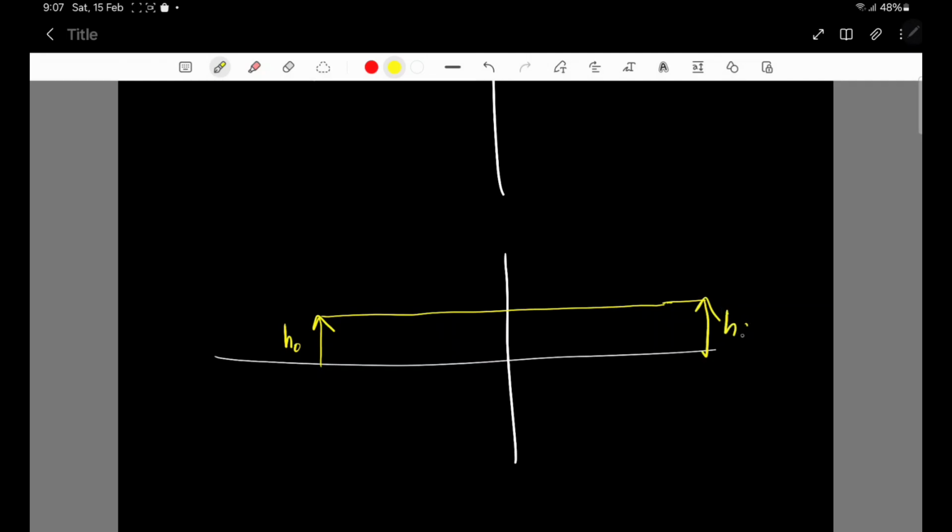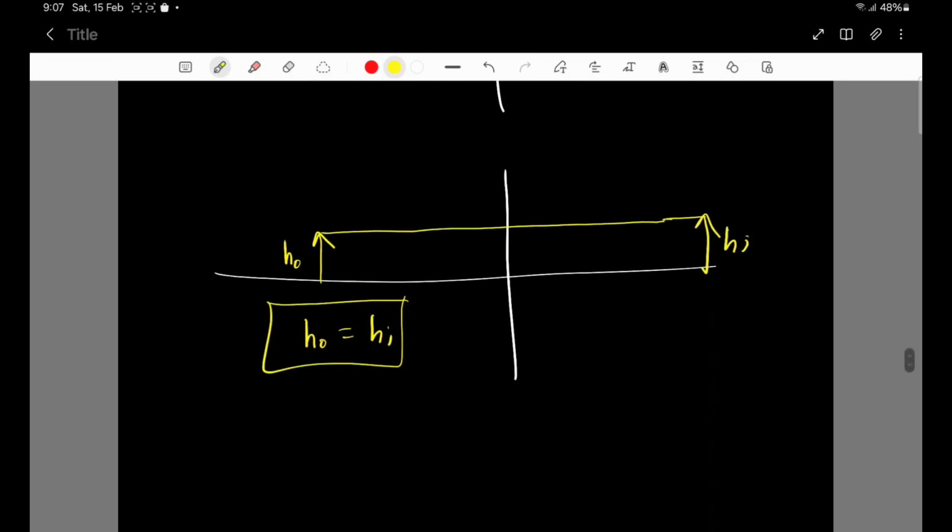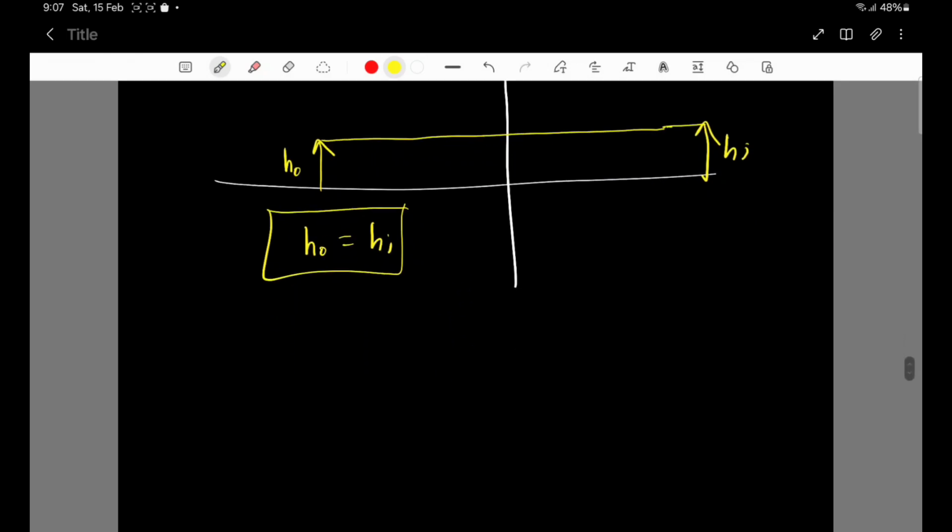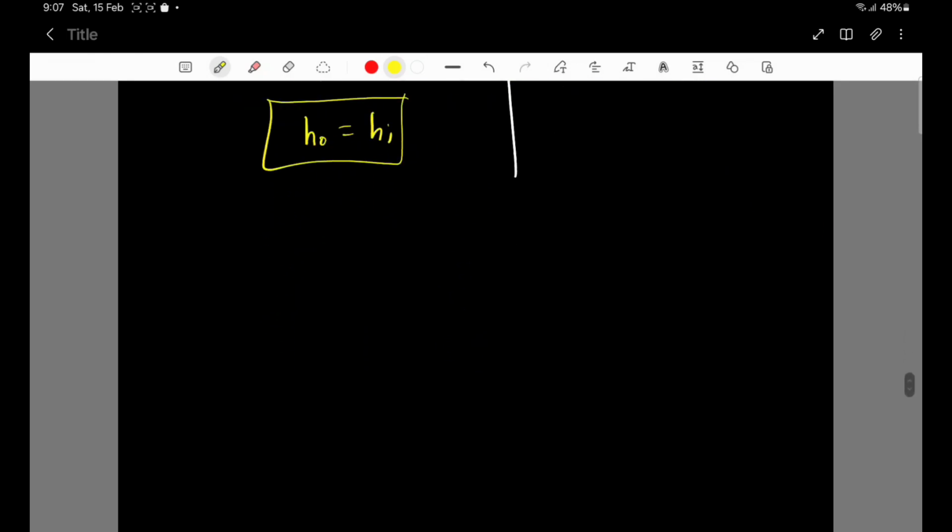So it is clear, h_o is equal to h_i for a plane mirror. The size of the image is the same as the size of the object, and similarly the distance between the object and mirror is the same as the distance between the image and mirror.